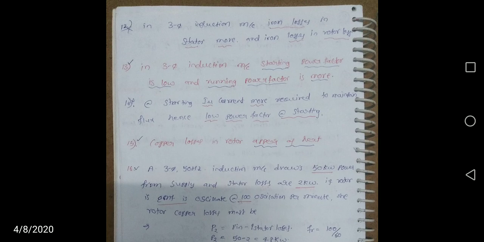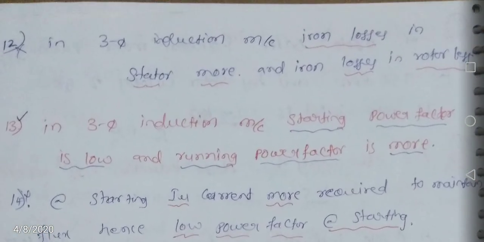When the rotor is running, rotor frequency is equal to slip times the stator frequency. So in the running condition, rotor frequency is decreasing, so rotor iron losses are very less and negligible.